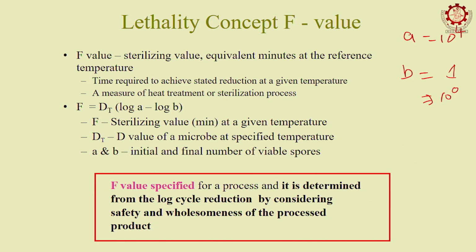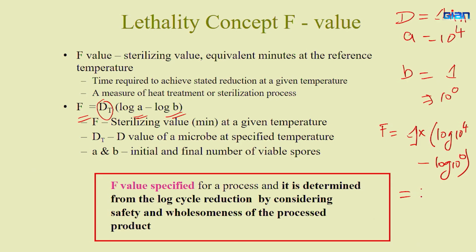So, the F value is going to calculate the decimal reduction time for the bacteria, and the logarithmic A and logarithmic B values. In this example, if I have a decimal reduction time of 1 minute, then the F value is going to be 1 minute times log 10 power 4 minus log 10 power 0. That means 1 into 4 minus 1.